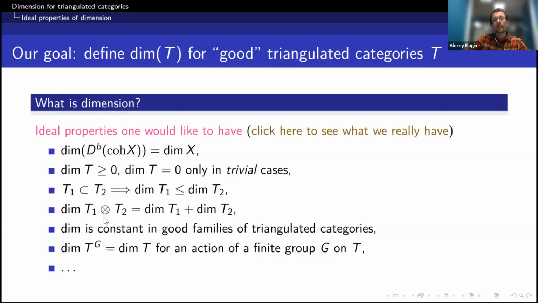Or actually, there is no such thing as a tensor product for triangulated categories. You require a DG enhancement to define this tensor product. But as soon as we are studying good triangulated categories, this is well defined. Also, dimension should be constant in deformations. It should be constant for good families of categories. Dimension should be constant under taking quotients by finite group actions, and there are many other properties that one would like to have.